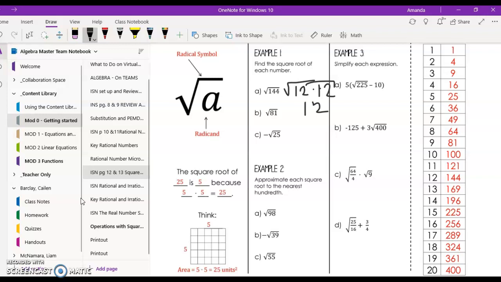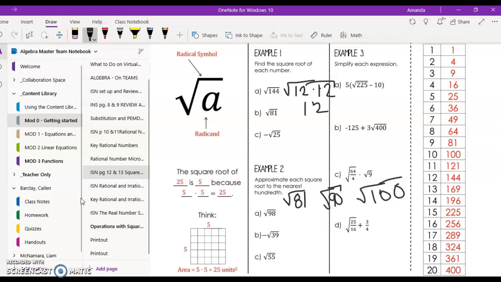So 98 is between the two perfect squares, 81 and 100. And if you start listing all those perfect squares in there, the square root of 90 is almost directly between 81 and 100.